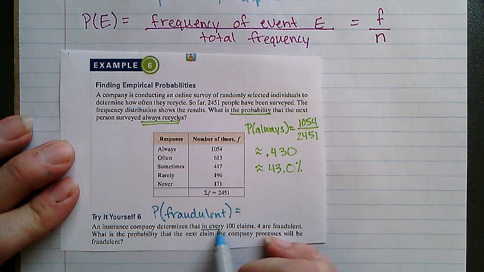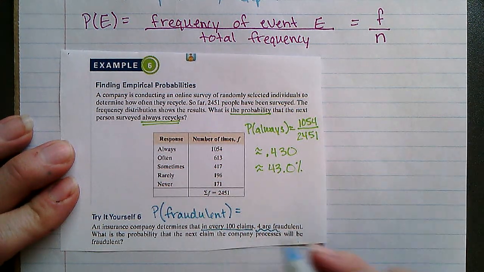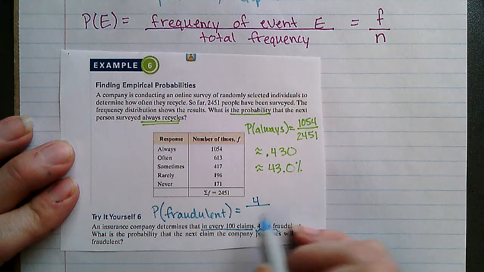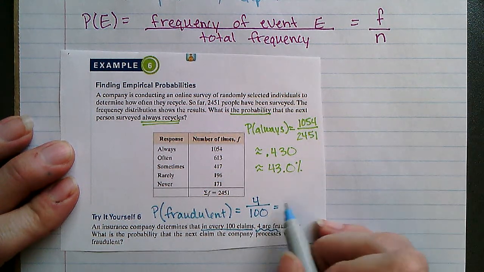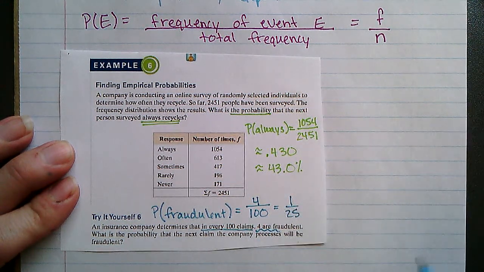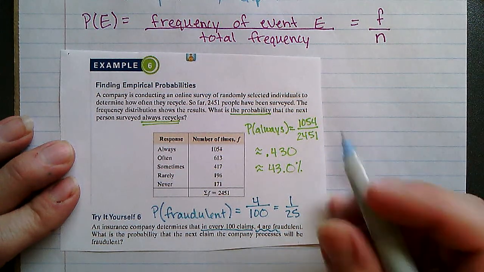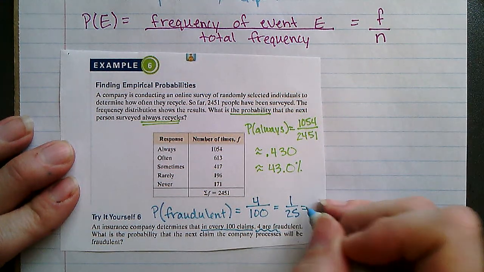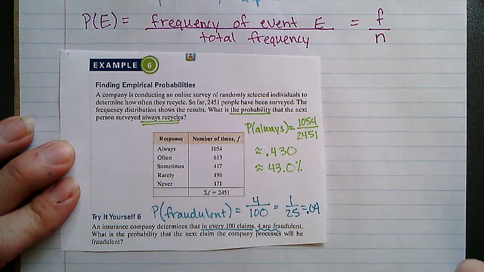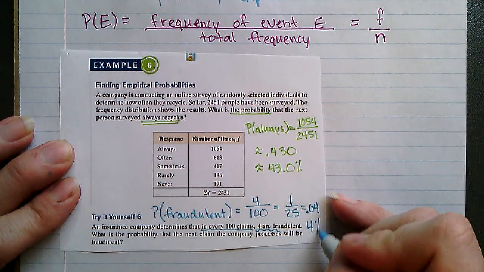So it says in every 100 claims, 4 are fraudulent. So that will be 4 in 100, which is 1 in 25. When you divide that out, you get 0.04, which is going to be 4%.